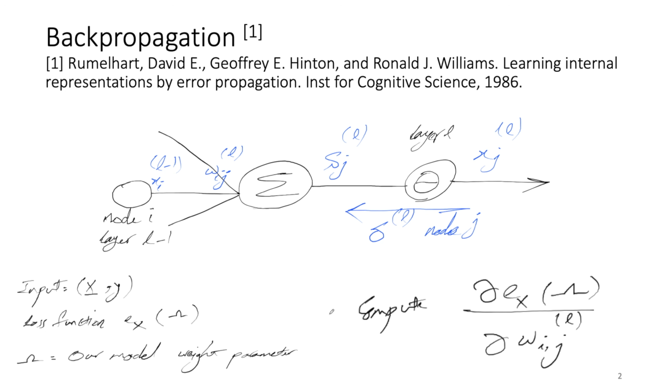So what we need to compute is dE_x of omega divided by dw_ij of L. These are the w's.